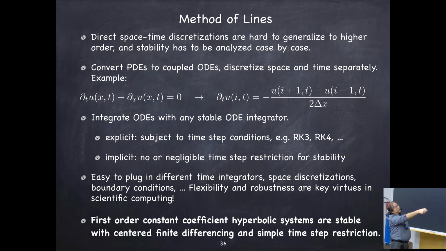So i is now the index of the grid point. So this is the second order accurate finite difference formula. And so now for the solution u at every grid point, we have such an ordinary differential equation. And it couples, because here we have u of i plus 1 and i minus 1.